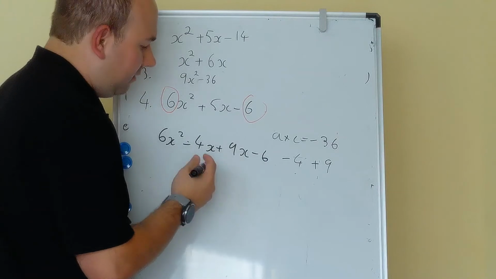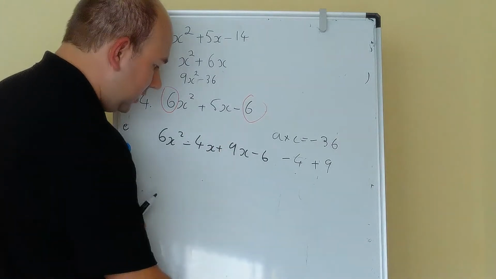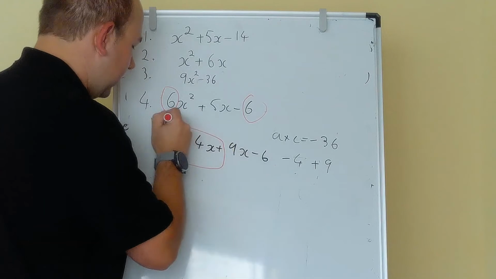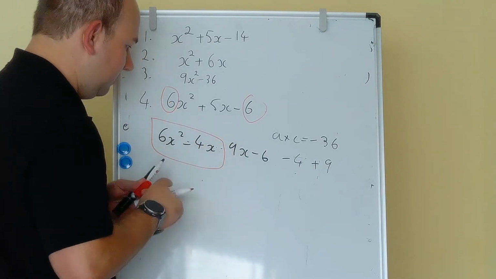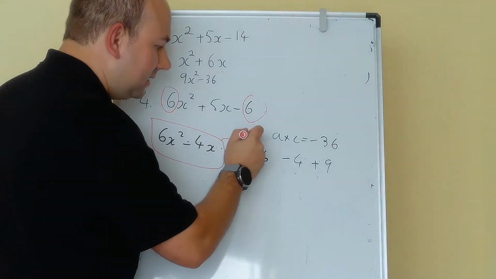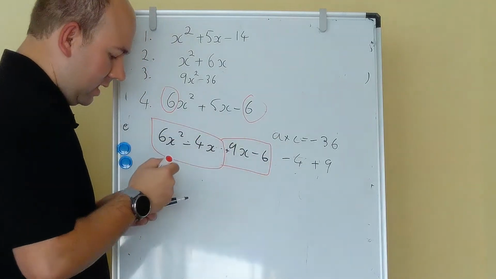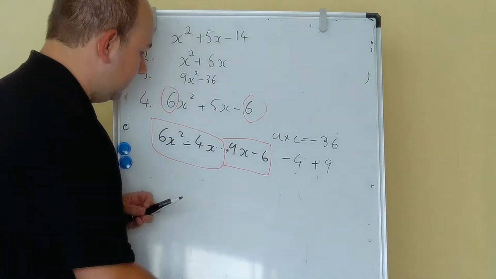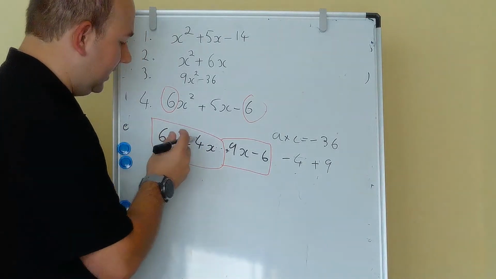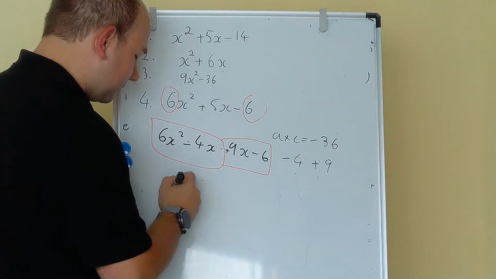The stage we get to now is we split this into two boxes. So we take this as the first block, including the first two terms, and we make the second box the second set of terms, and we factorise each of these boxes.